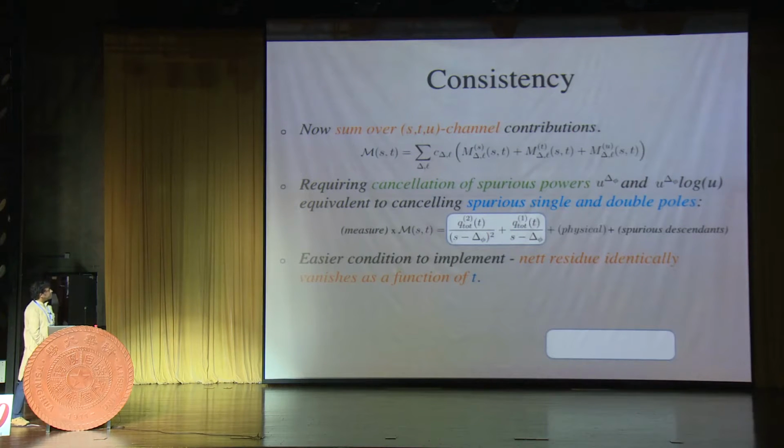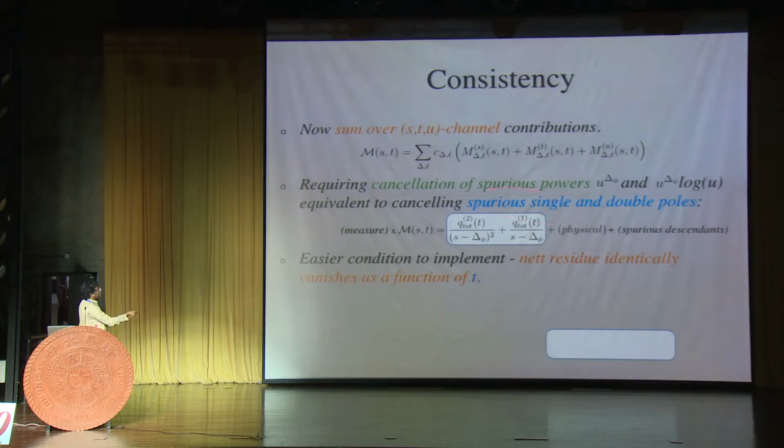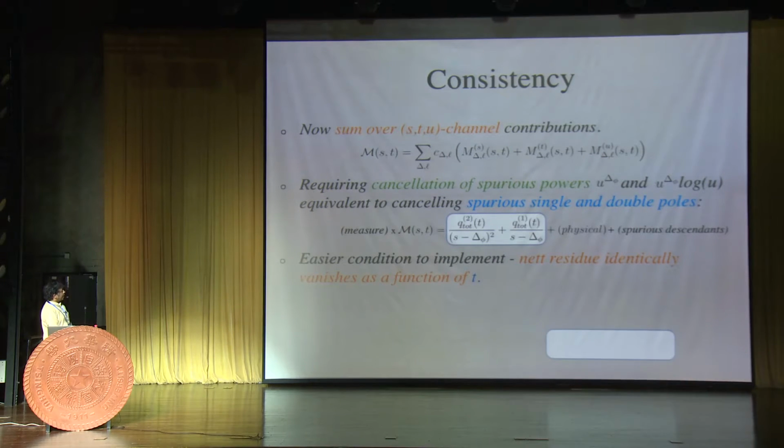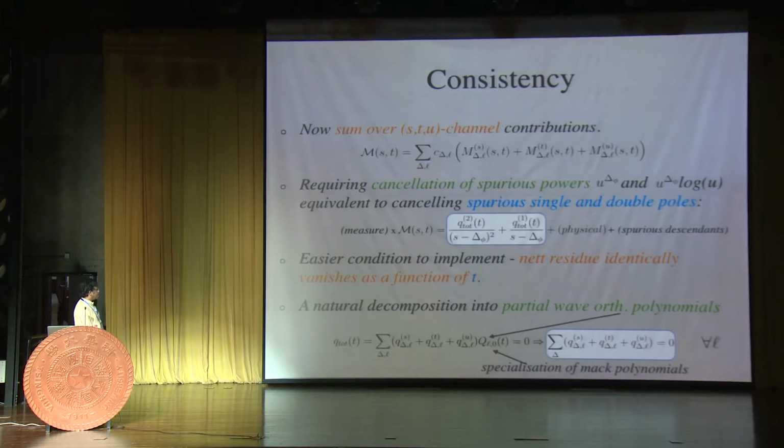Now the condition to cancel these spurious poles is a nice condition in Mellin space. It's basically that the net residue vanishes as a function of t. So these are functions of t, the other variable, and you demand that they identically vanish as a function of t. What makes this easy to implement is that there's a very natural decomposition of these residues in terms of a basis of partial waves.